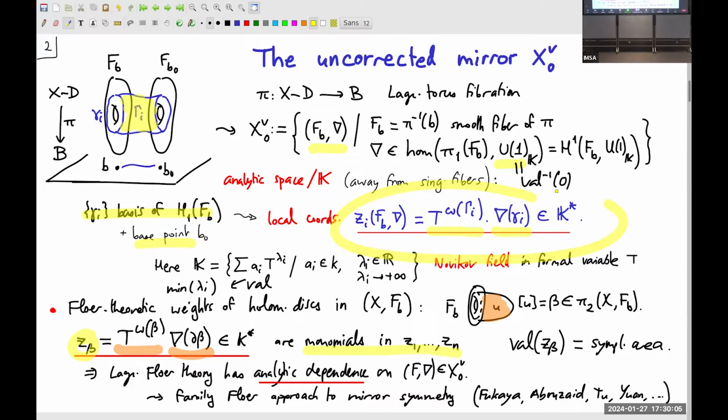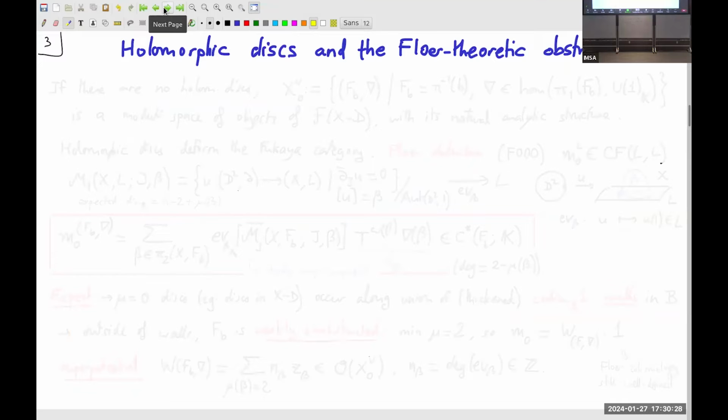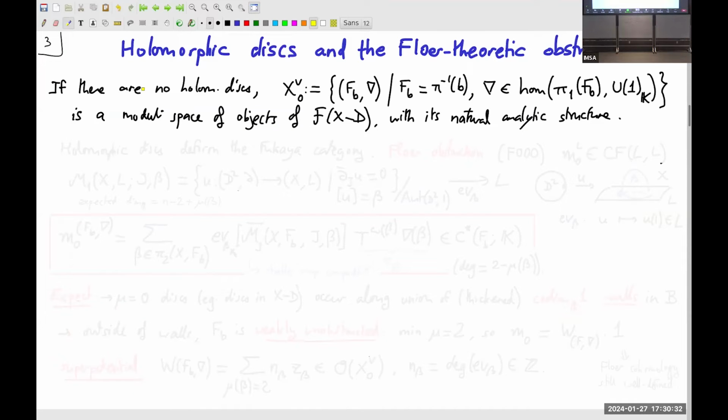Okay, so now when I say it's automatic, well, there's a lot of details to be sorted out, but from there, we get to this family Floer approach to mirror symmetry that was explored first by Fukaya, then by Abouzaid, and there's also work by Groman, and by Hein and others, probably. Okay. So now we need to talk about how we will correct this. Okay.